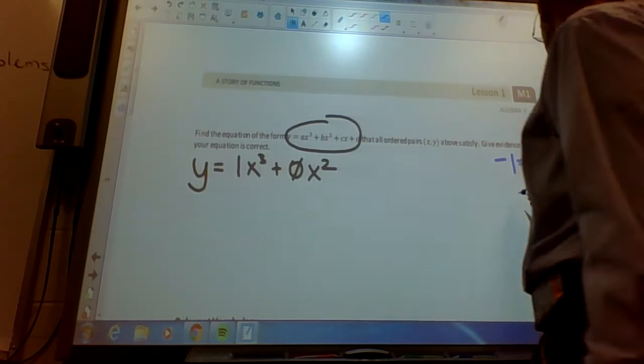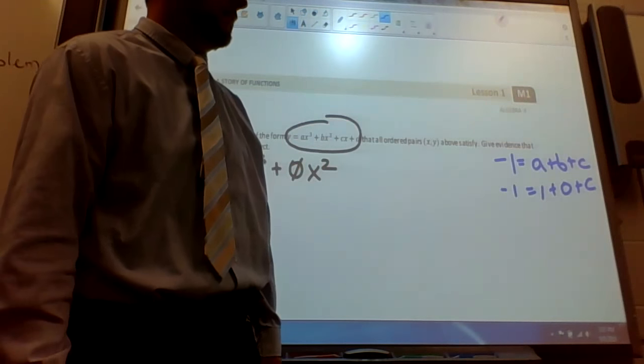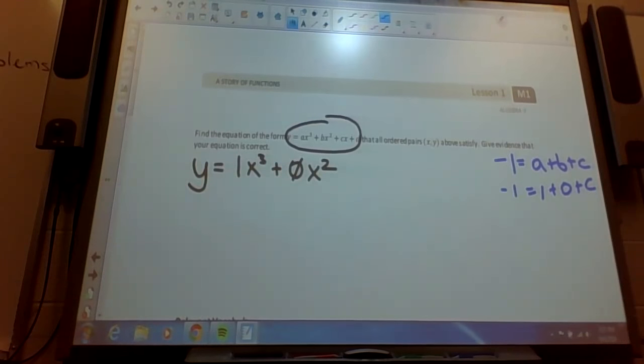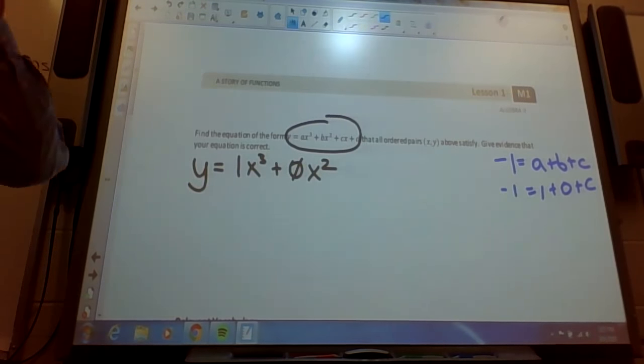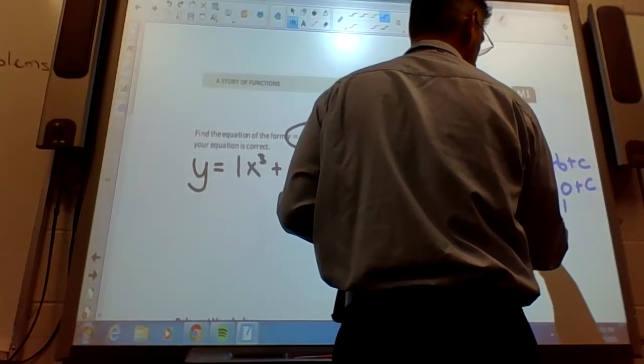So what does C have to be? Well, let's do our algebra, right? How do I isolate the C? Subtract 1. Do you agree with that? So subtract 1 from both sides.